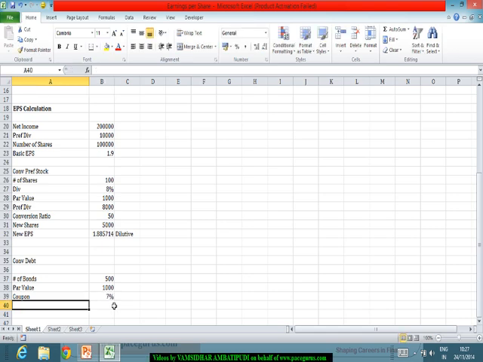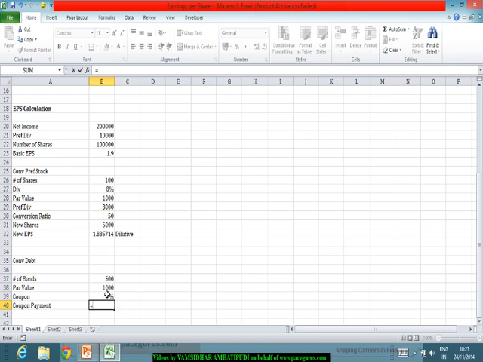Then I can look at the coupon payment, the amount of coupon that is getting paid every time.